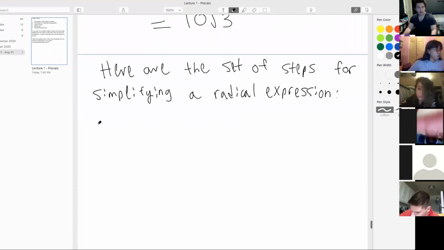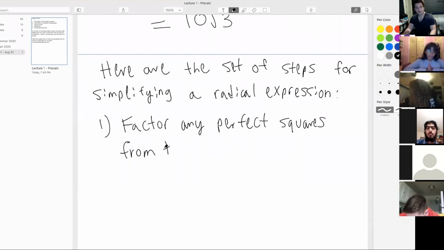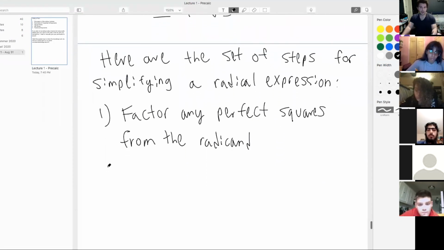Step one is to factor any perfect squares from the radicand. That was when we factored out that 100 from 300. 100 is a perfect square, so that was that part.